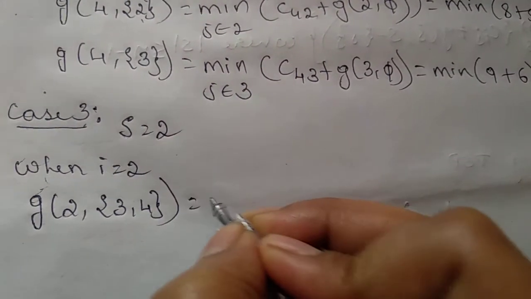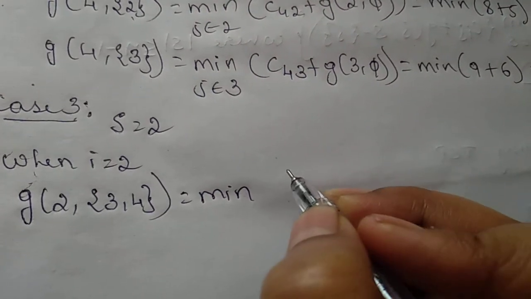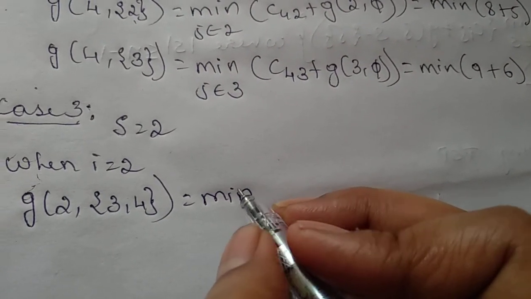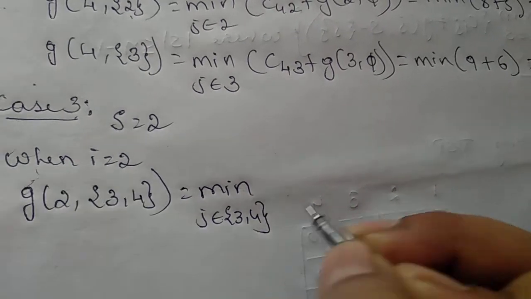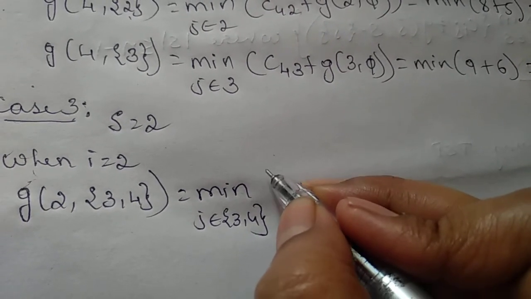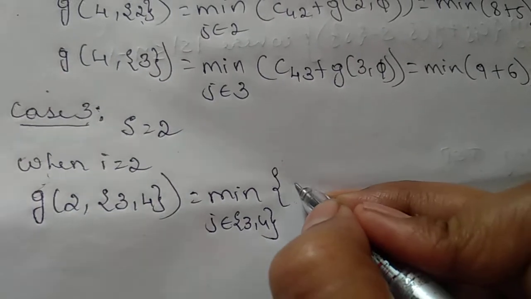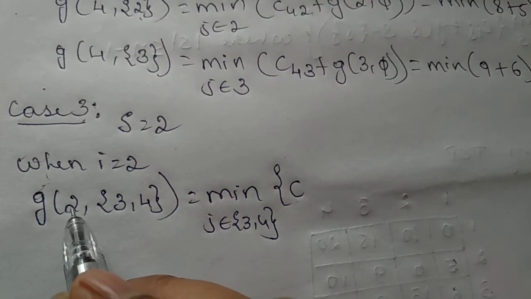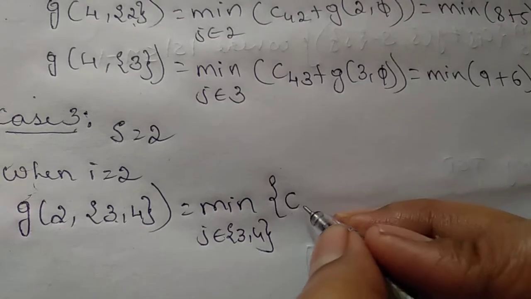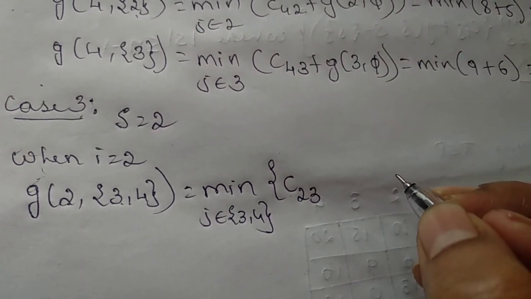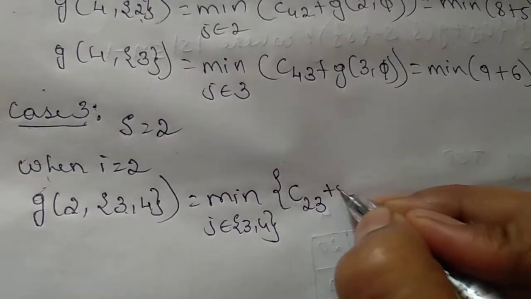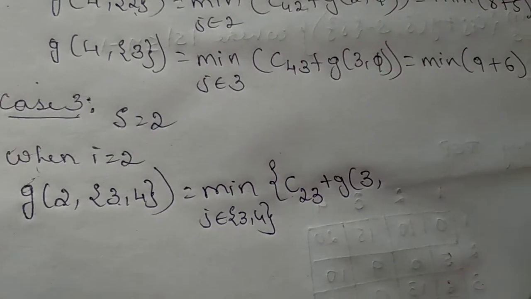So see here, j belongs to 3 comma 4. Yes, now you will come to know what is j and what is s. See, first I will consider from 2 to 3. So i value is 2, j value I am considering as 3, plus g of j, that is 3.